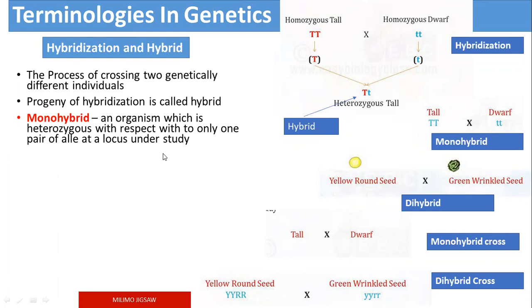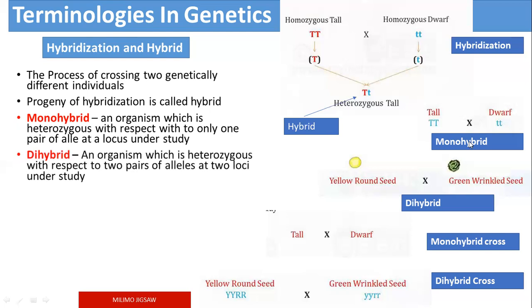Under a monohybrid, you're just concentrating on one trait, for example height. In the case of height, it's either tall or short. So a monohybrid is just one single property that we are looking at.